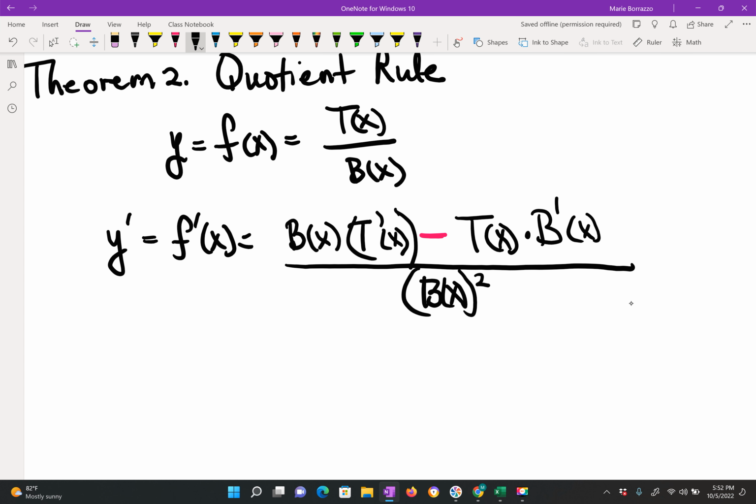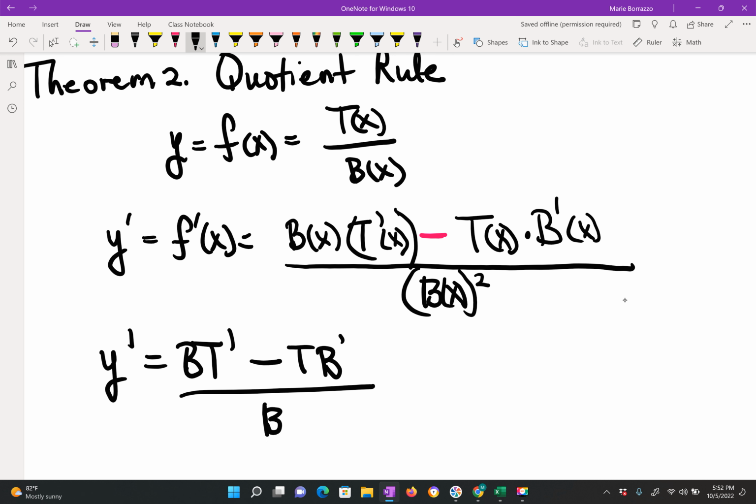Now, notation wise, you may see this as y prime is equal to b times t prime minus t times b prime all over b squared, which is really easy to remember.